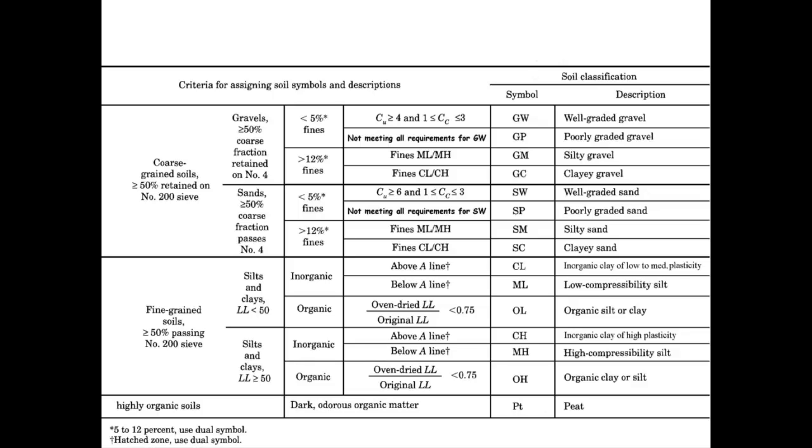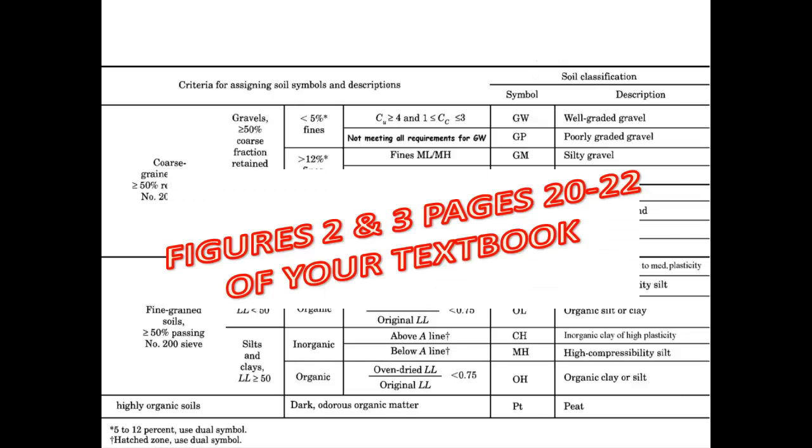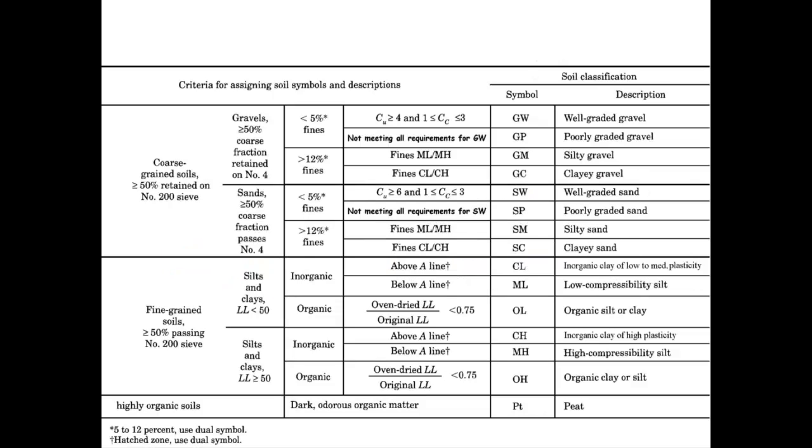Once you have computed your coefficients, you can then make reference to a unified soil classification system like the one shown here, which will help you classify the soil sample you tested according to standard accepted guidelines. The table in question is actually found also in your textbook in Figures 2 and 3, pages 20 to 22.